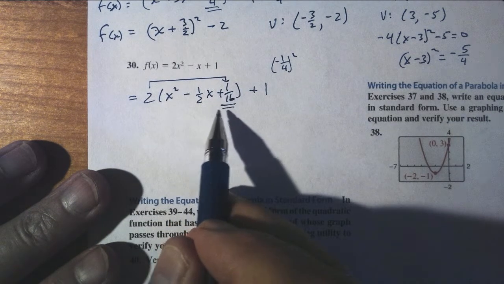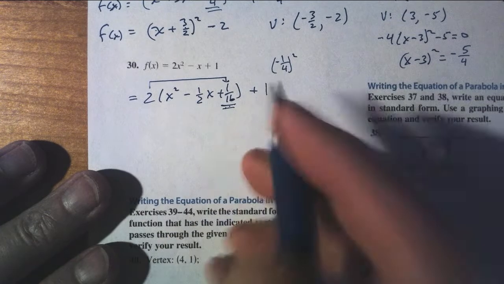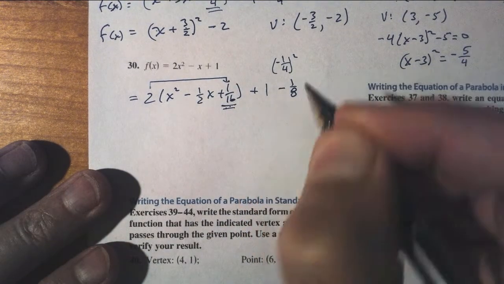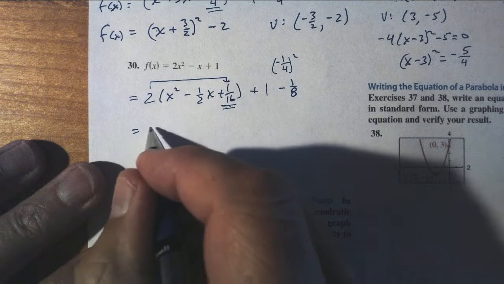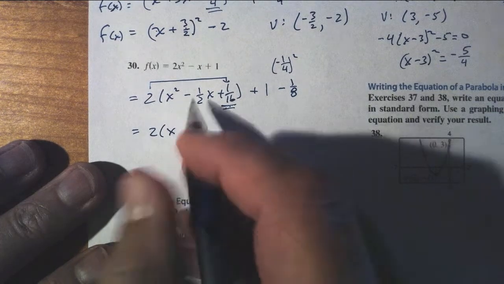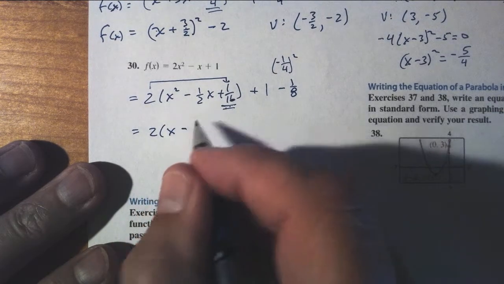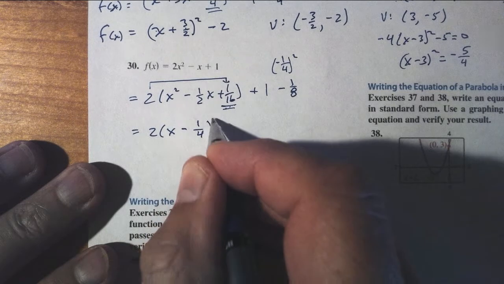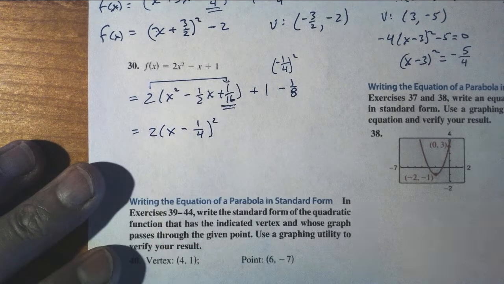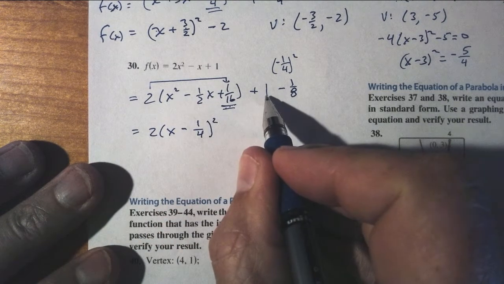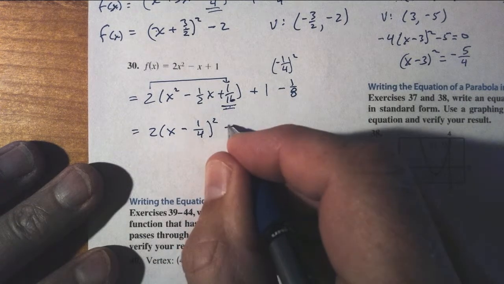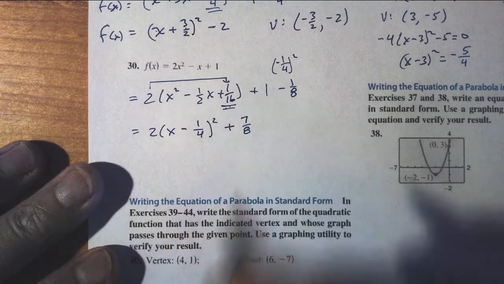I really just added 1/8 that didn't exist before. So I subtract 1/8. And I end up with 2 times x minus 1/4 squared, and I get 8/8 minus 1/8 plus 7/8.